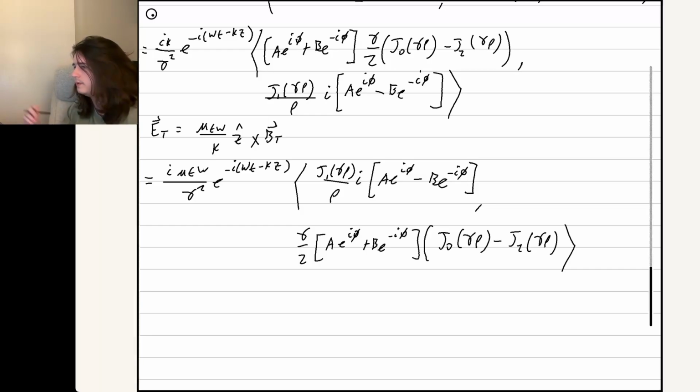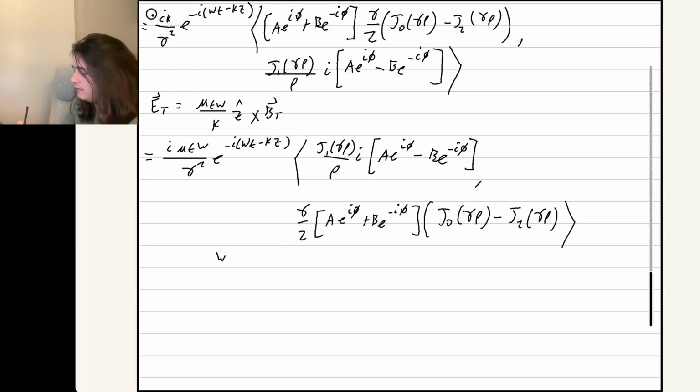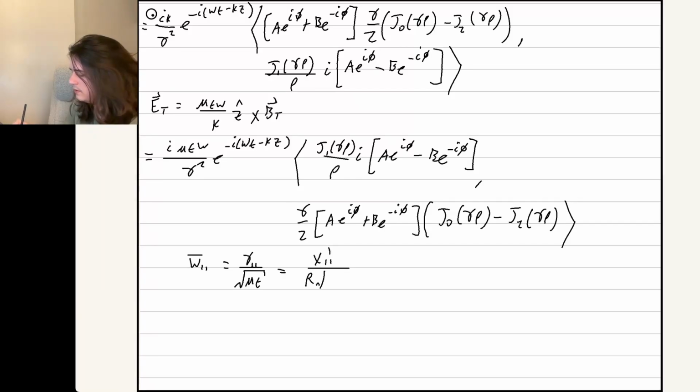That'll do it for the radiation fields. We can get our cutoff frequencies in a similar way, where now the cutoff frequency omega 1,1 is equal to 1 over root mu epsilon, and then we'll have gamma 1,1 up top, which is going to be x11 prime over r root mu epsilon.